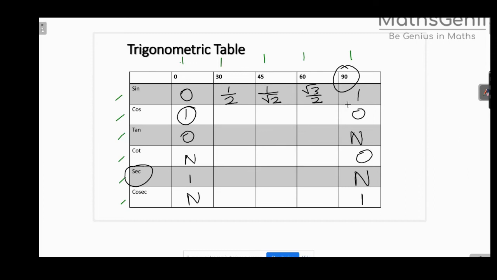You have to remember only the first line. Now, for cos, I will write root 3 upon 2 here. What am I doing? Crossing. I am crossing. Then again I will cross 1 upon 2 here. And this remains the same.